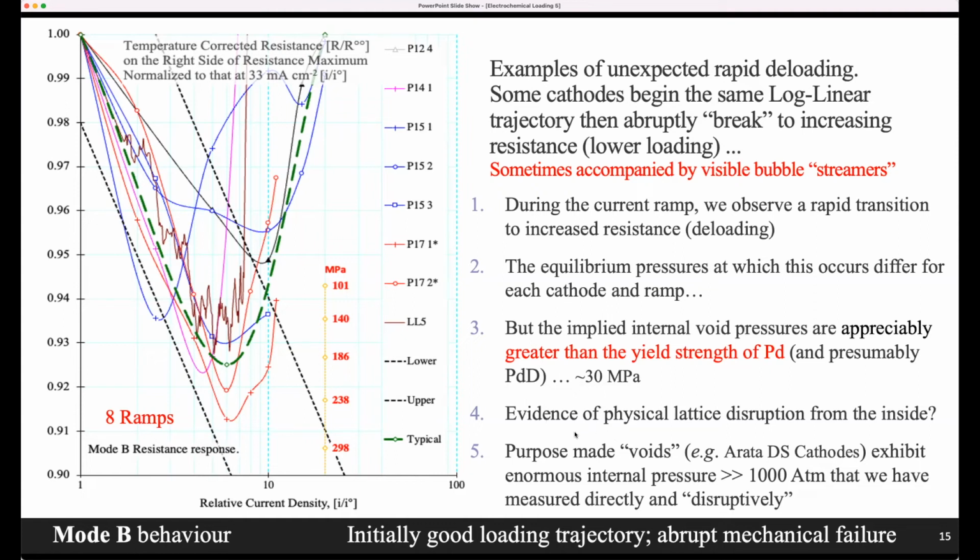So I claim that this is evidence of physical lattice disruption from the inside. We've seen this directly with purpose-made voids, for example, Arata's double-structured cathodes, in which we have measured enormous pressures directly with a pressure gauge, and indirectly or disruptively by exploding, not intentionally, these closed voids. But the pressures inside are real and huge.